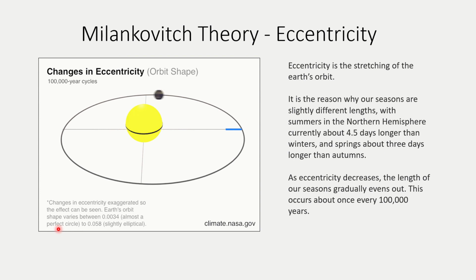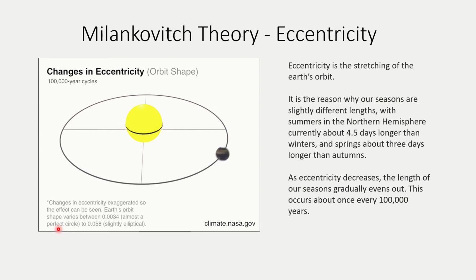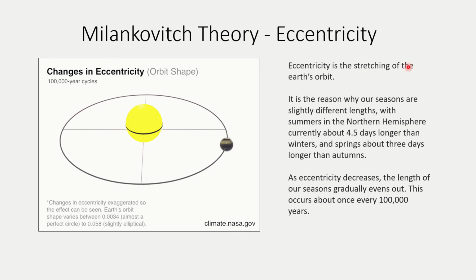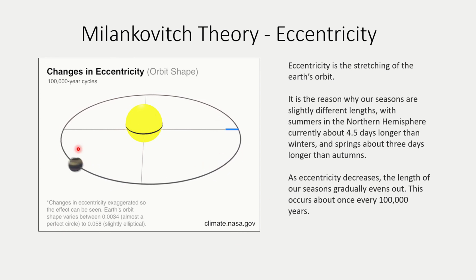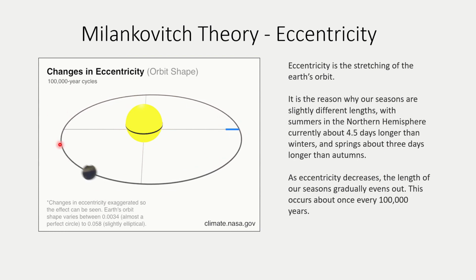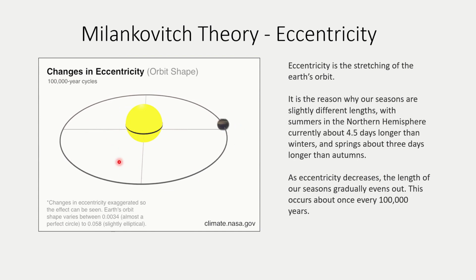We'll start off with Milankovitch's theory, and it comes in kind of three parts. This is the eccentricity, and before we even get to this reading, you might just benefit from watching this image. Over a 100,000-year cycle, the orbit of our planet around the Sun stretches and changes shape.